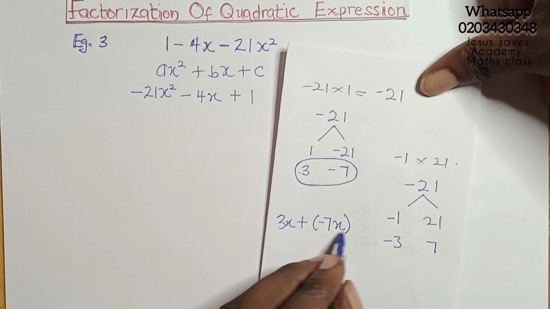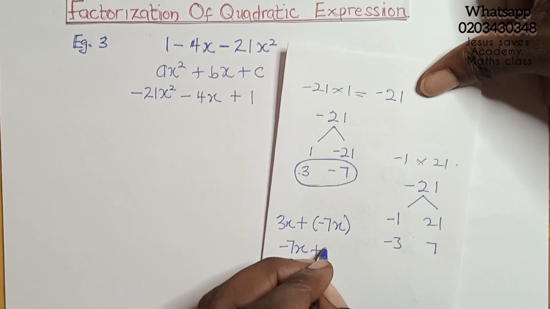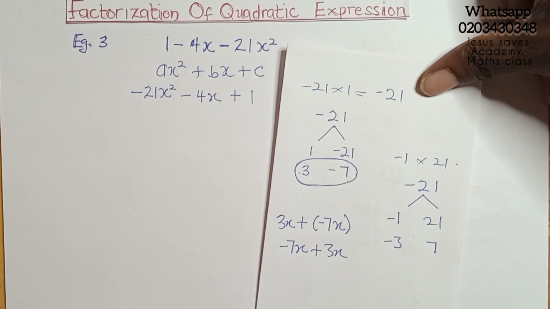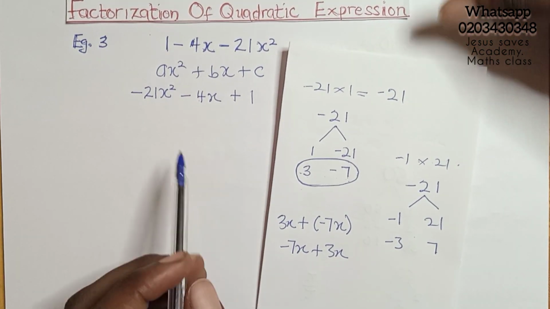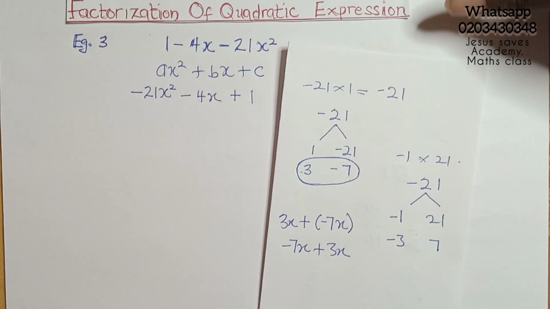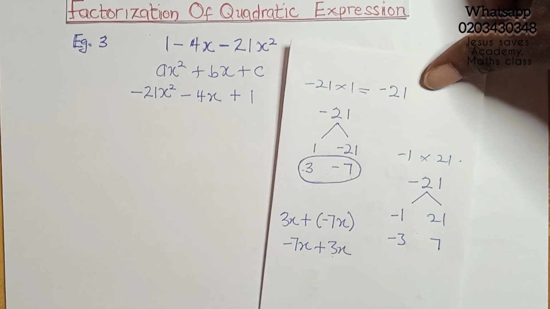You can rearrange this as negative 7x plus 3x; the value is the same, because addition is associative. So we replace the negative 4x with negative 7x plus 3x.